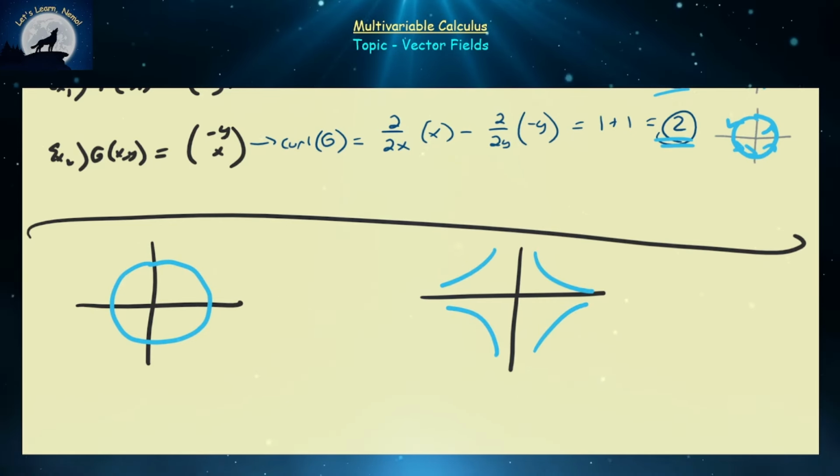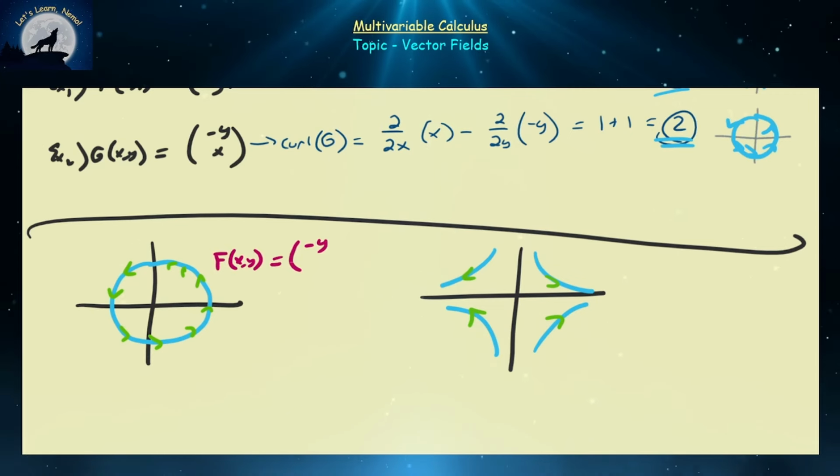So let's draw our flow lines in a different color. Let's do those arrows here, and then let's do those arrows here. And let's also label our functions. So let's do f(x,y) equals (-y, x), and then f(x,y) is equal to (x, -y).